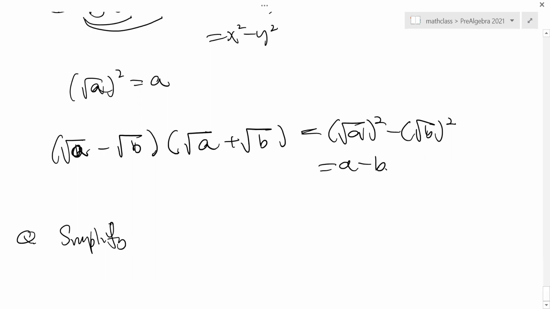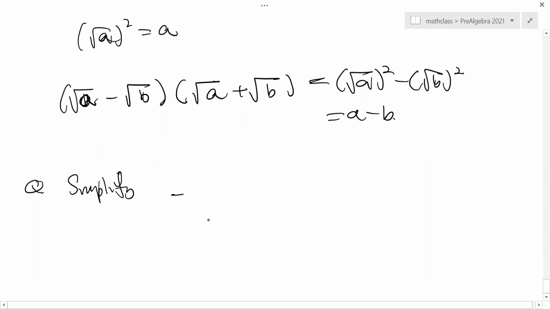So let's simplify the following expression. Here is square root of 7 minus square root of 6, and on the top, square root of 7 plus square root of 6.